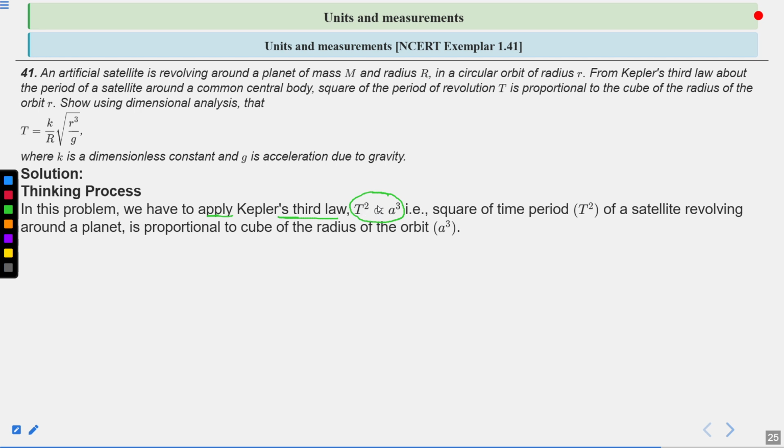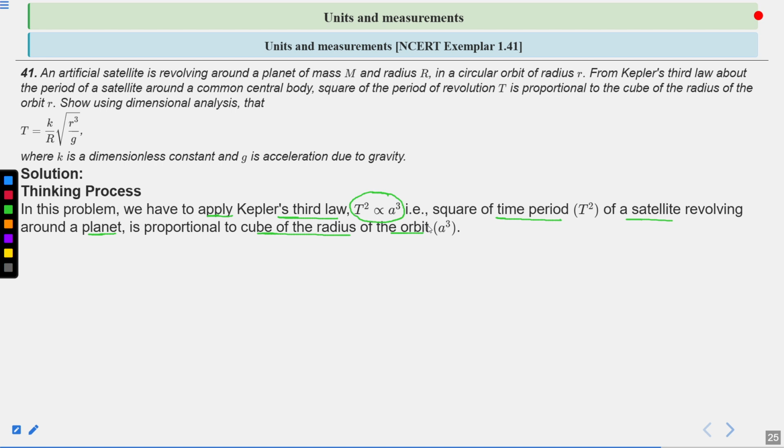It means square of time period, T is the time period, of a satellite revolving around a planet is proportional to cube of radius of the orbit A. So here A is the radius of the orbit according to Kepler's third law.